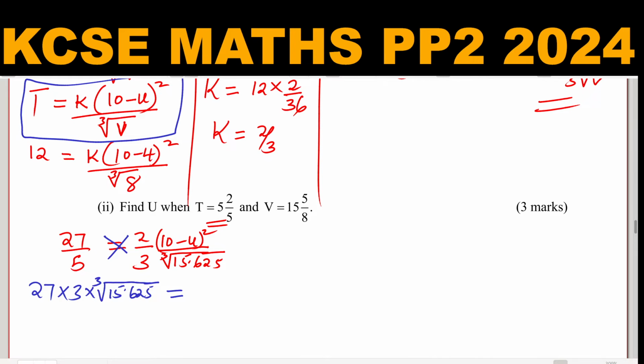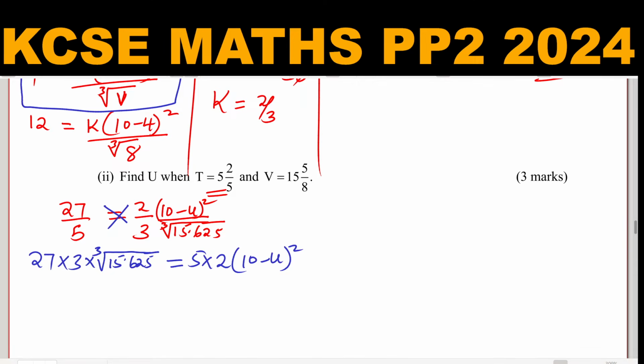This will be 5 times 2, and then multiply by 10 minus U squared. So from here we continue to simplify. We shall have 27 times 3, then the cube root of 15.625 will be 2.5. That will be 2.5 is equal to 10 into 10 minus U squared.